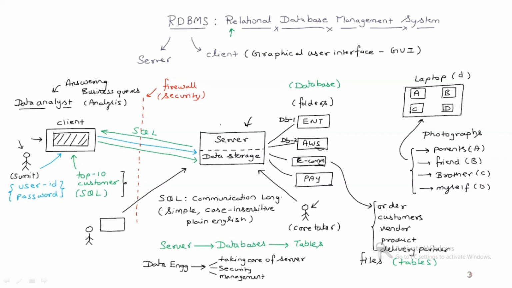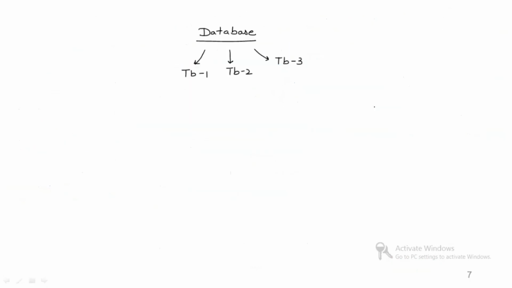This particular server is also known as a data warehouse, which has multiple databases, and each database has multiple tables. Now which particular database do I want to query? First of all, I have to select a particular database, and then on that database I can select a table.